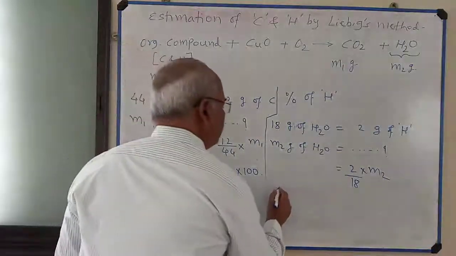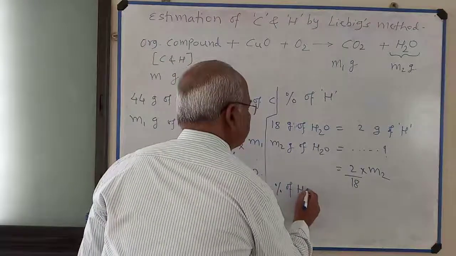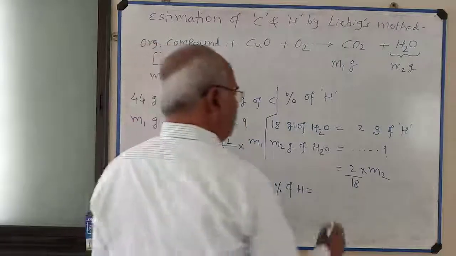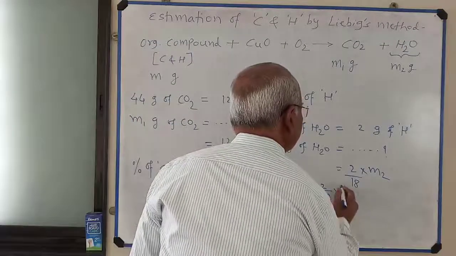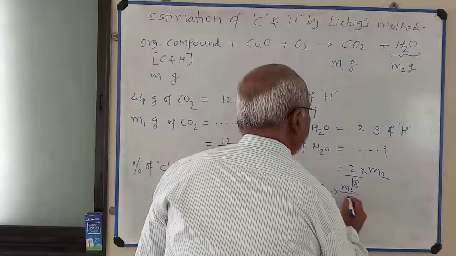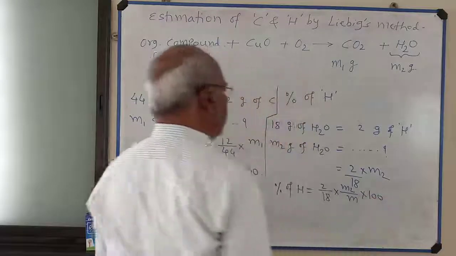So I write here: percentage of hydrogen is equal to 2 upon 18 into m2 upon m into 100.